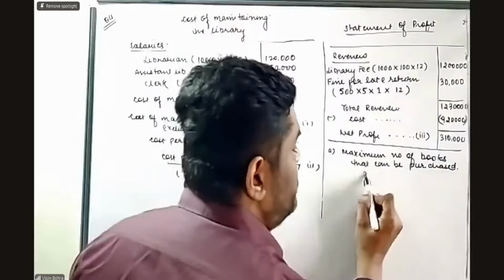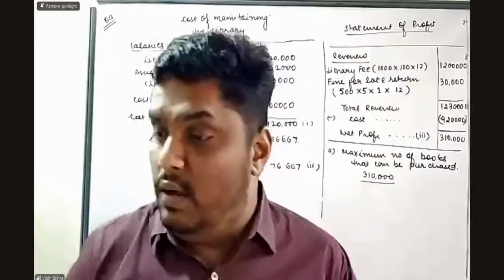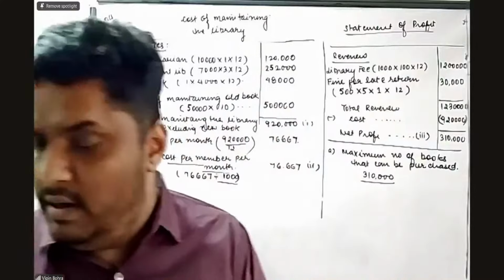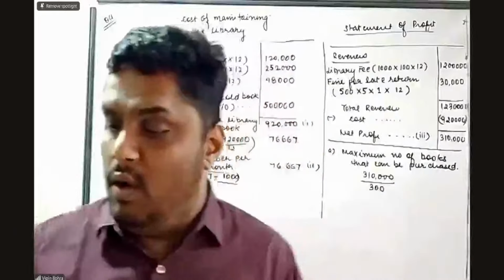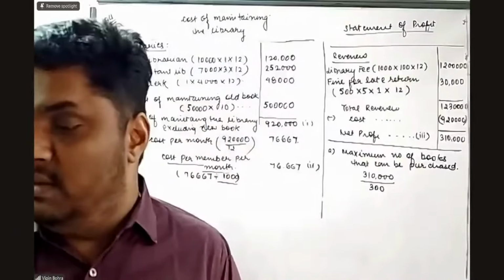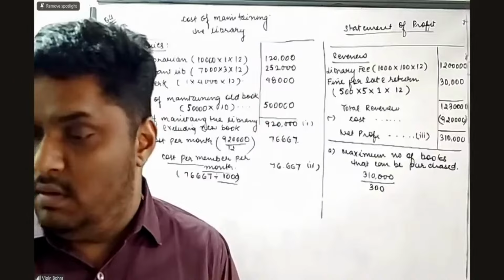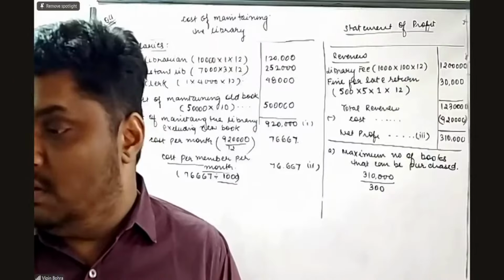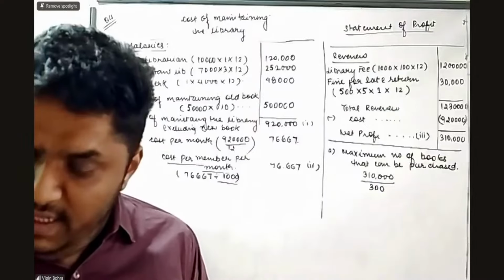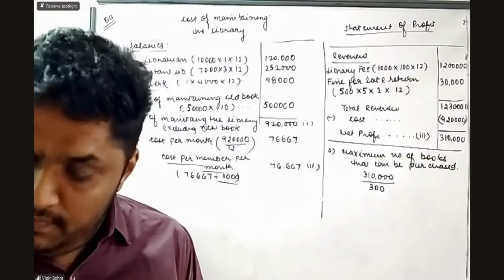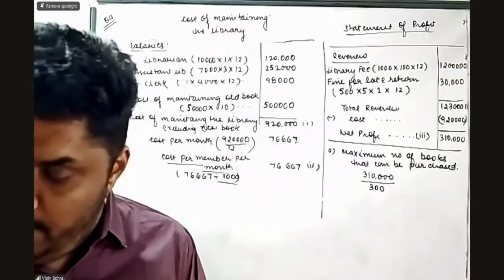So the revenue is 3,10,000, assuming they are purchasing it from the revenue. And the cost of book is C, it is 300 rupees per book. So revenue is 3,10,000 divided by 300.